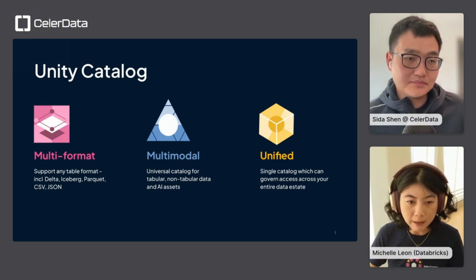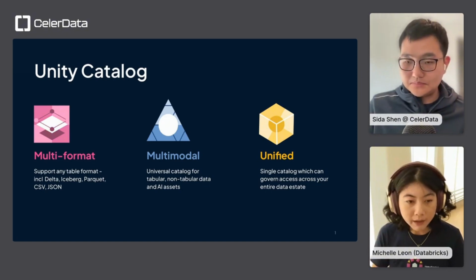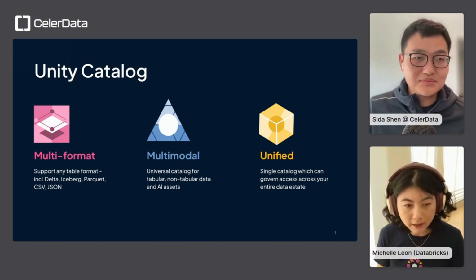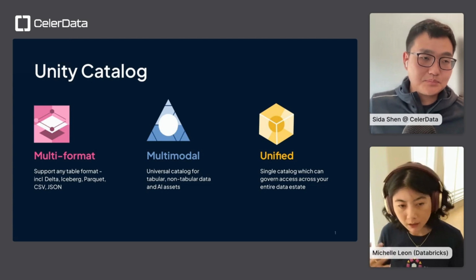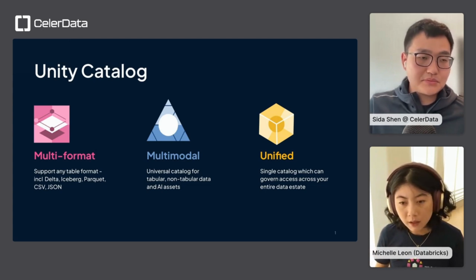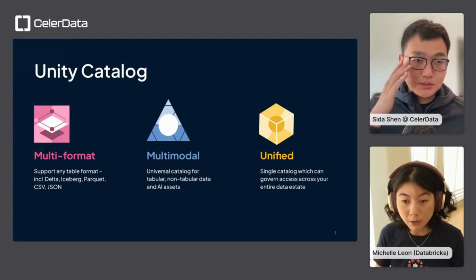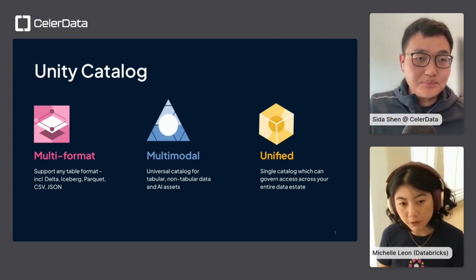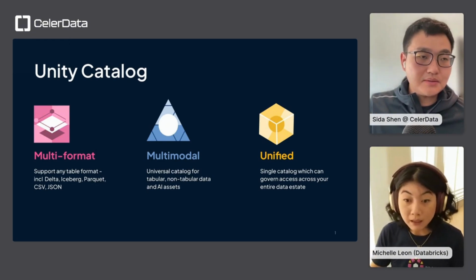So it's the only open catalog out there that supports any table format, including Delta, Iceberg, Parquet, CSV, JSON, and then also we thought it was really important that it's a multimodal catalog. By multimodal, I mean it's a universal catalog for your tabular assets, your unstructured data, like PDFs and images, or audio files, and then AI assets.